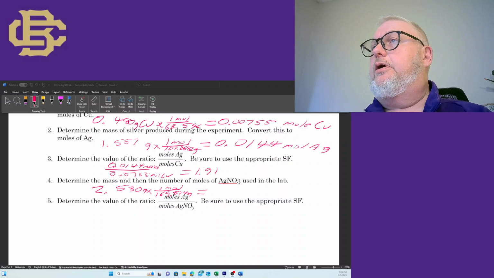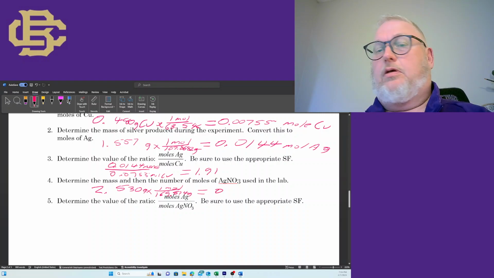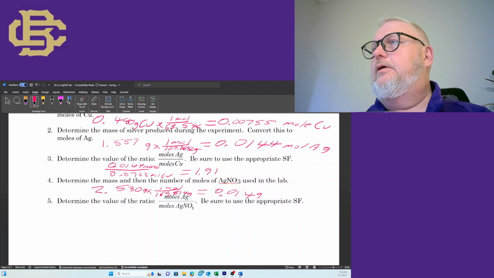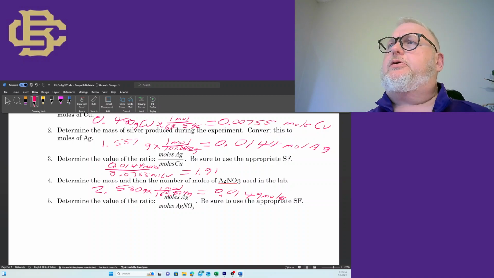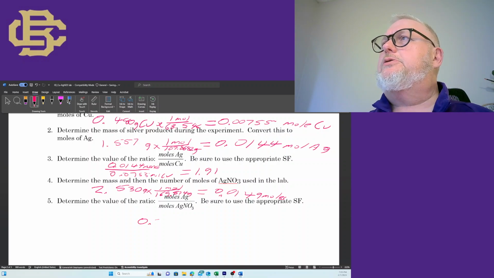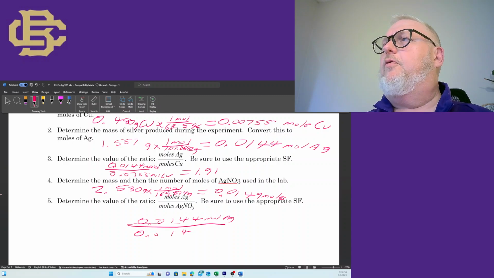There I've got 0.0149 moles of silver nitrate. I might be seeing a pattern here. So let's look at this molar ratio. My moles of silver, 0.0144 moles Ag, over 0.0149 moles of AgNO3.